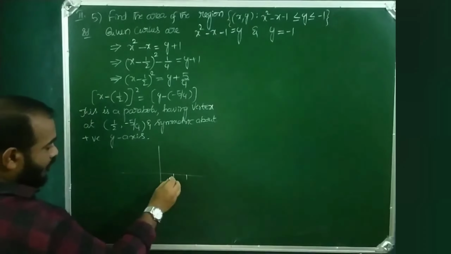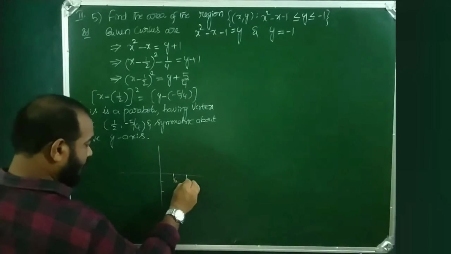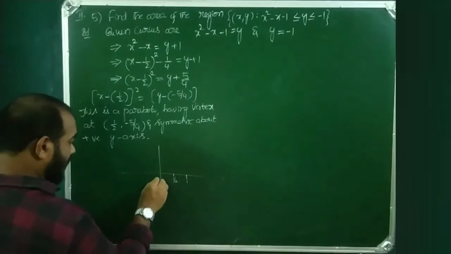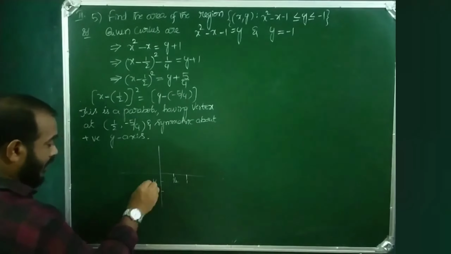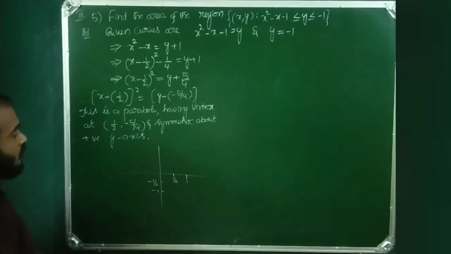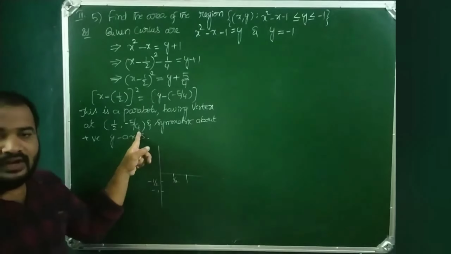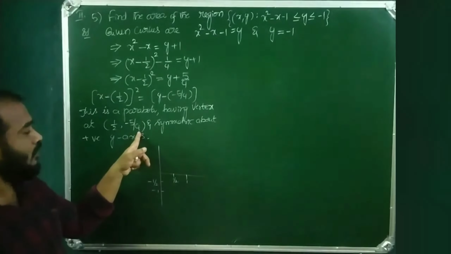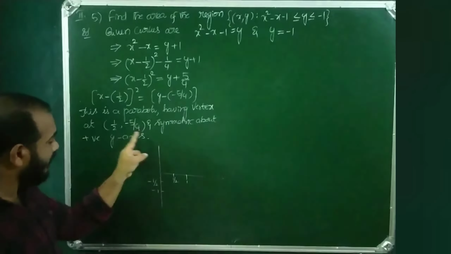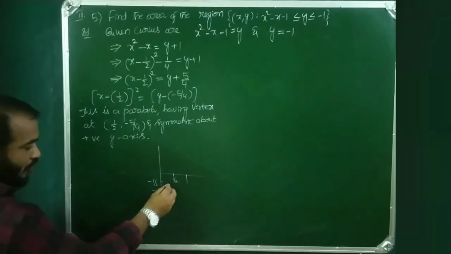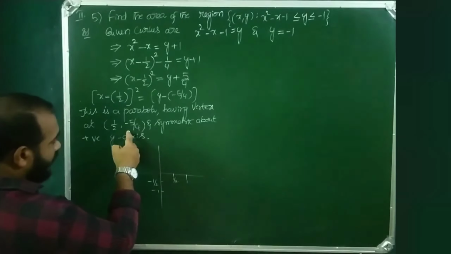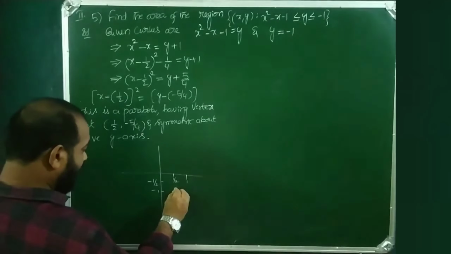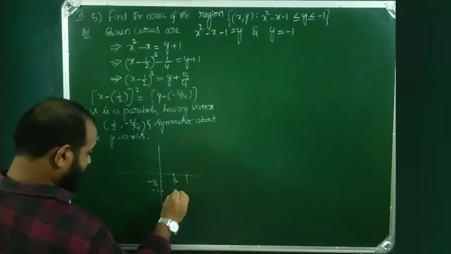So 1 by 2 is 0.5, this is 1 by 2, 1, this is 1 by 2, 1, minus 1 by 2, minus 1. So 1 by 2, minus 5 by 4 is lying in the fourth quadrant. Plus plus, minus plus, minus minus, plus minus. So 1 by 2 is 0.5, minus 5 by 4 is minus 1.1, is somewhere like here.